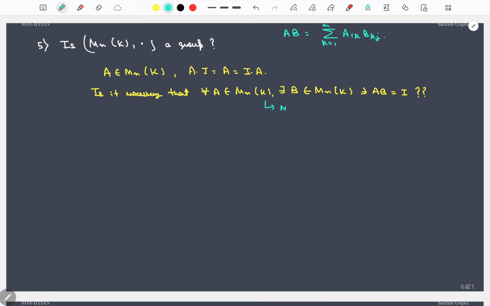So this is not true in general. There exists A in M_n(K) such that the determinant of A is 0, and then A inverse does not exist.